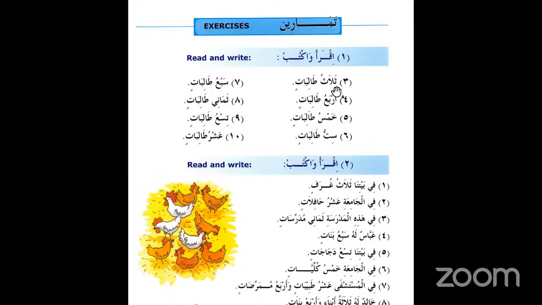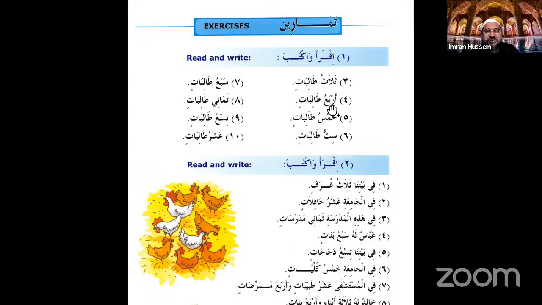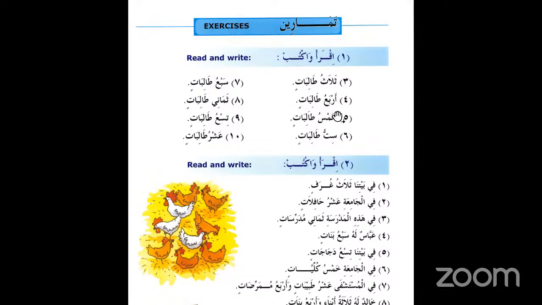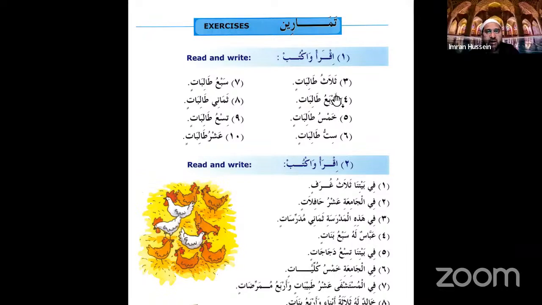It's like thalathu talibatin, arba'u talibatin. Not arba'atu, it's arba'u talibatin. The ta marbutas of all these numbers have been omitted, because now the numbers are coming masculine since the thing being counted is feminine.